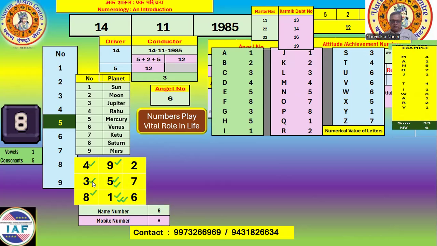Thereafter, 3, 6, and 6 is also given by the name number. So all these numbers are written here.